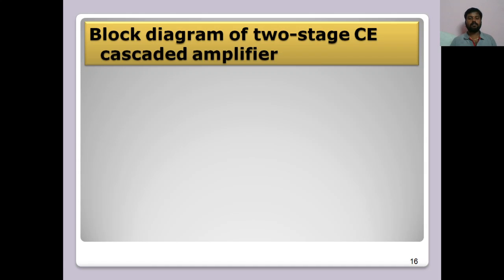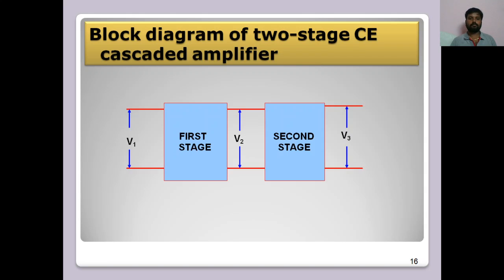Here is the block diagram of a two-stage common emitter cascaded amplifier. The input is given to the first stage.